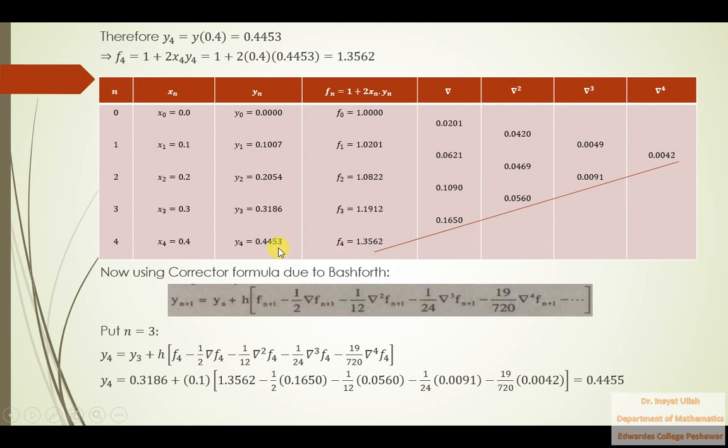We need to replace these two values by the new values. The new value of y4 is 0.4455, so we replace this by 0.4455, and we need to calculate f4. In the coming slide we'll calculate f4, and this f4 will be replaced by that value.